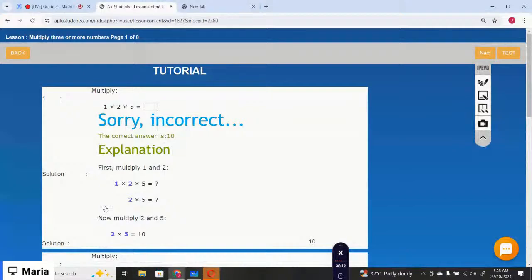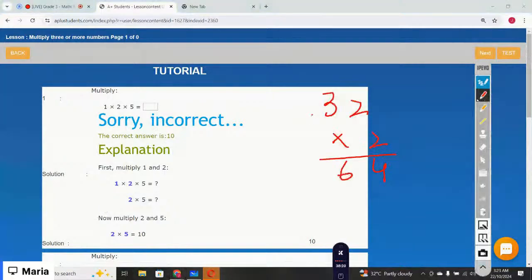Just look at the example, that is 1 times 2 times 5. Whenever you are given more than two numbers, you have to make them pairs and multiply. So you make the pair 1 times 2, right? 1 times 2 is 2. Again you are left with two numbers. So you have to do 2 times 5. 2 times 5 is 10. The correct option is 10.